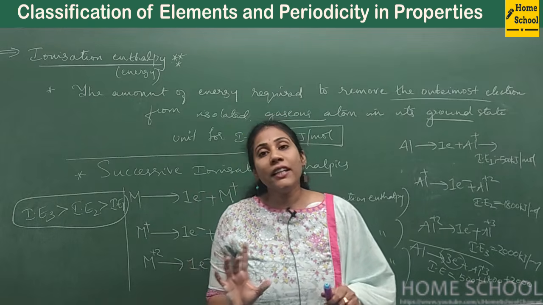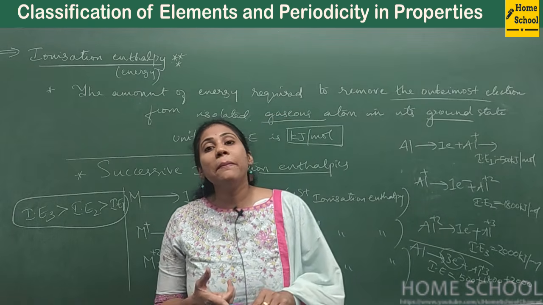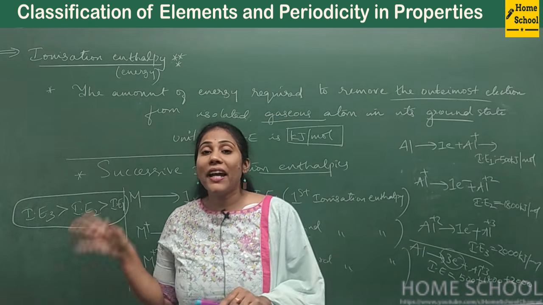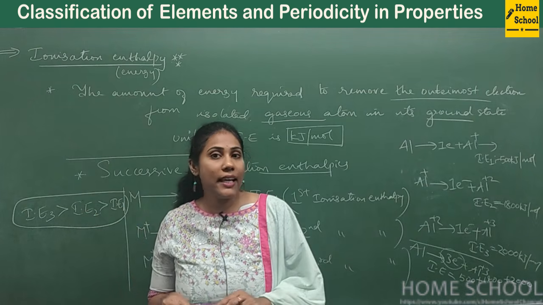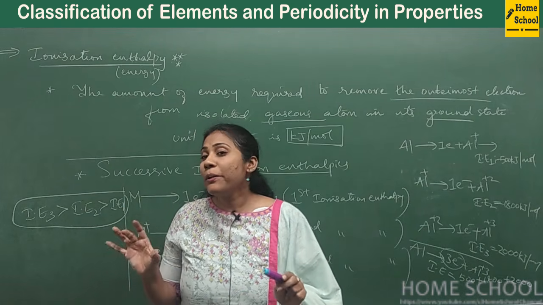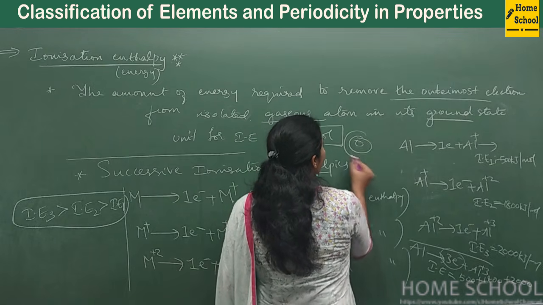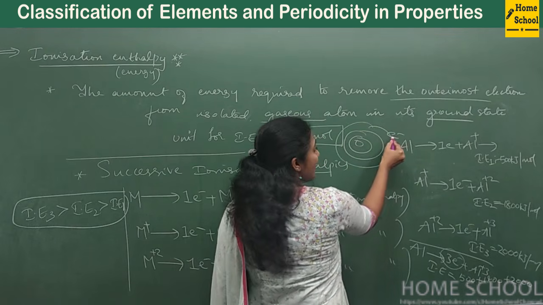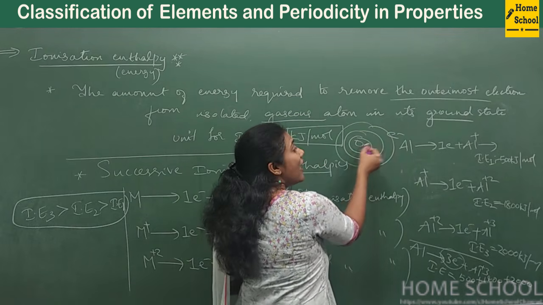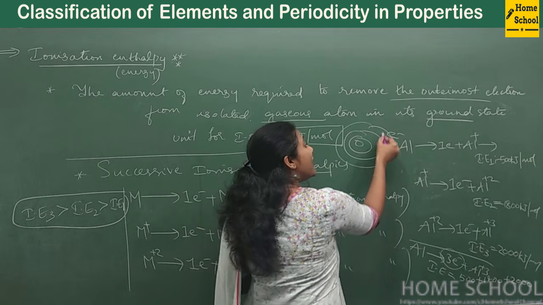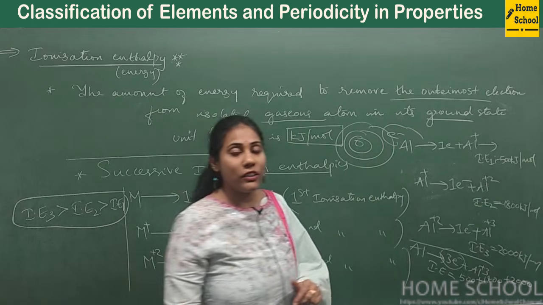Okay, so now we understood what we actually mean by ionization enthalpy and successive ionization enthalpies. We can only remove the outermost electron, right? Because outermost electrons are very far from the nucleus, the attraction is very less, so you can easily remove that electron.